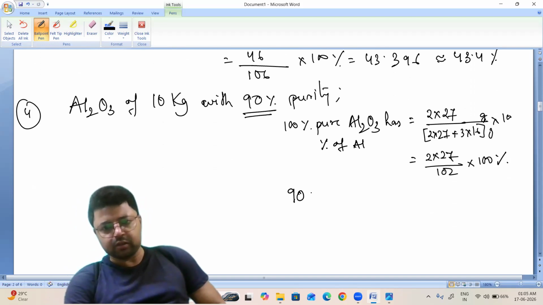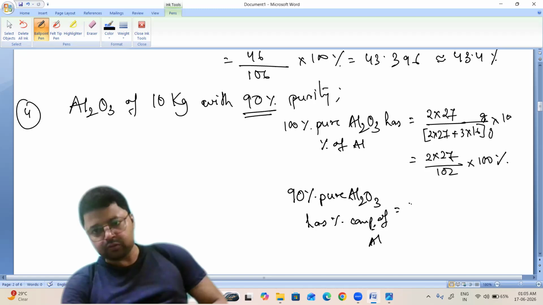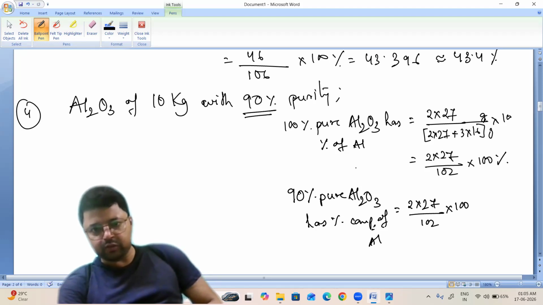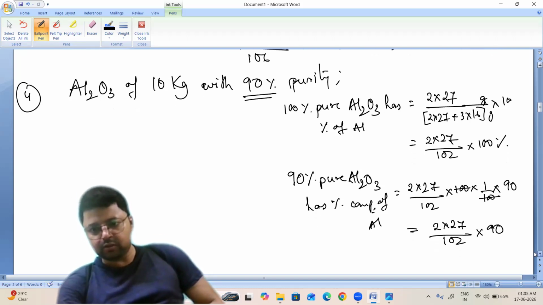You can do it right from here. 90% pure Al2O3 has percentage composition of aluminium equals 2 into 27 divided by 102 times 100. Now, as you are doing unitary method, you will be dividing it by 100 and times 90. So this 100 will get cancelled. So you will get 2 into 27 divided by 102 times 90. So this will be your percentage composition.